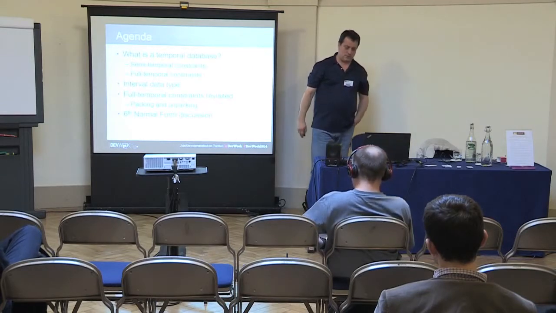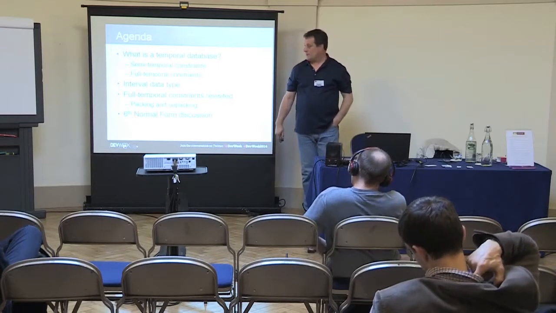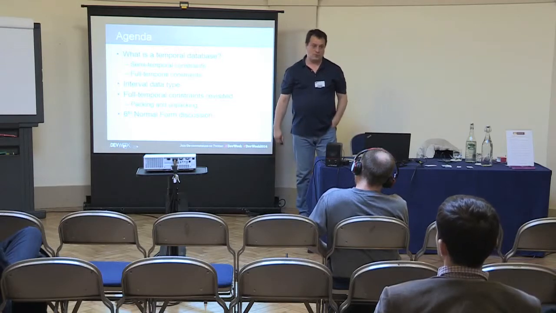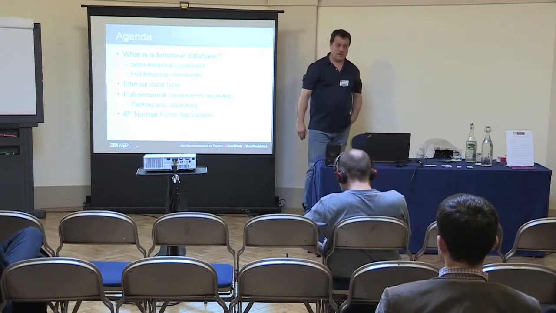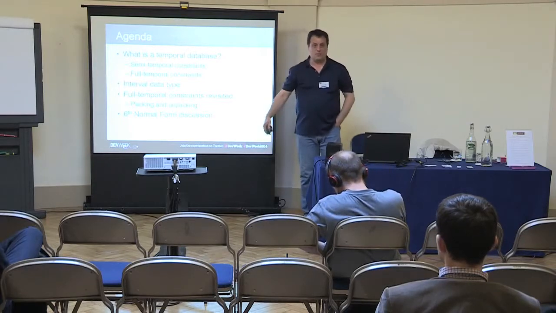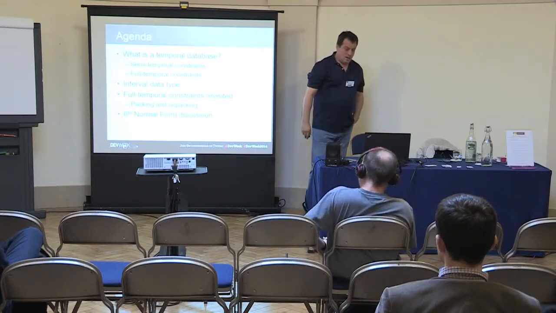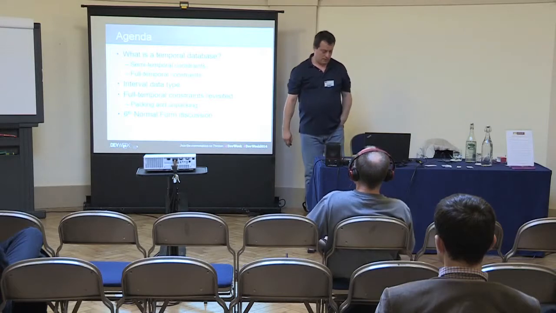So in this first part I'm going to define things. So what exactly is a temporal database? And focus on constraints. So what kind of constraints can you have? I'm not saying that you must have all of them, it depends on your business problem. But what kind of constraints do pertain to temporal databases?